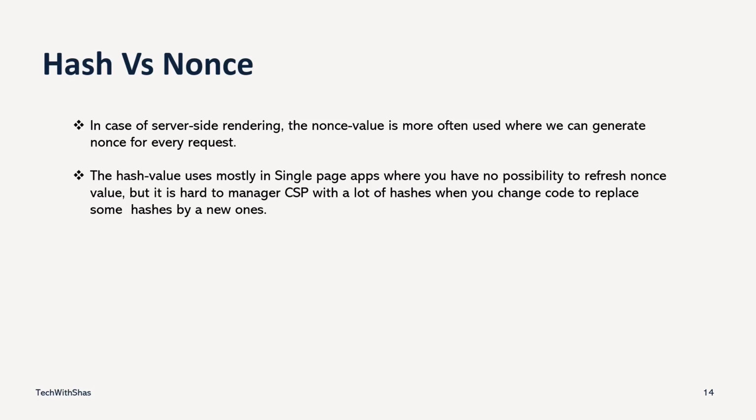Whenever a request is served by the web server, it can generate a new random nonce and attach it to the script. So single page applications are good for the hash-based approach, and server-side rendered applications are good for nonce.